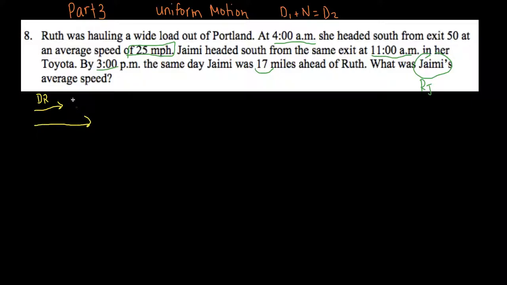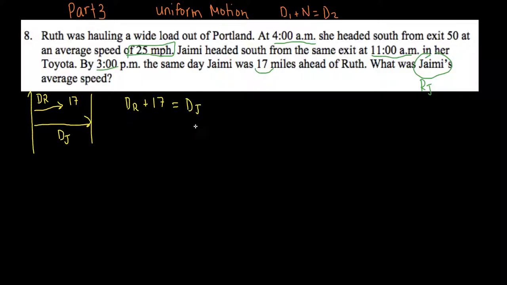She ended up 17 miles ahead, so I'll put 17 here, and dj is Jamie's distance. This diagram will tell us how to make our main equation. Our main equation is dr, distance of Ruth, plus 17 miles equals the distance of Jamie.